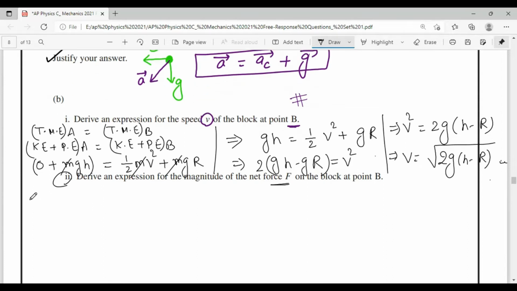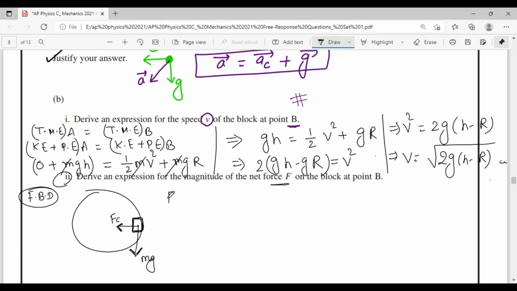What will be the net force? We have already discussed this in the free body diagram. At point B, this block will have two kinds of forces. The first is the vertical force, that is mg, and the second is the centripetal force, let us suppose that is Fc.